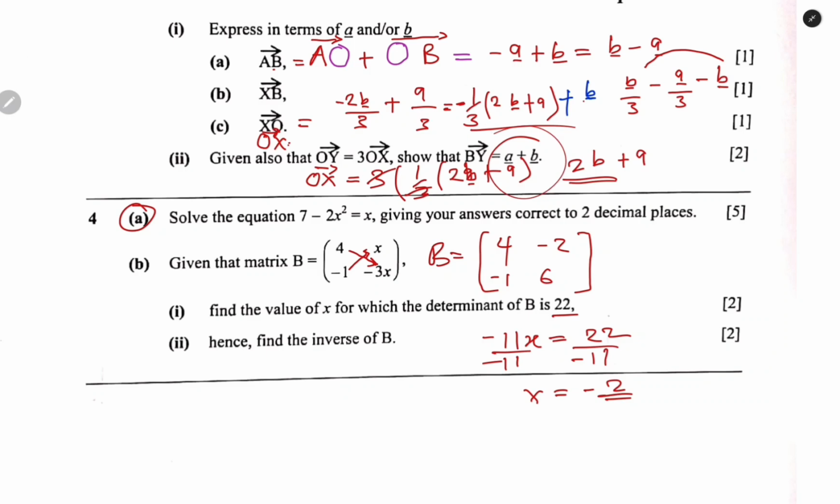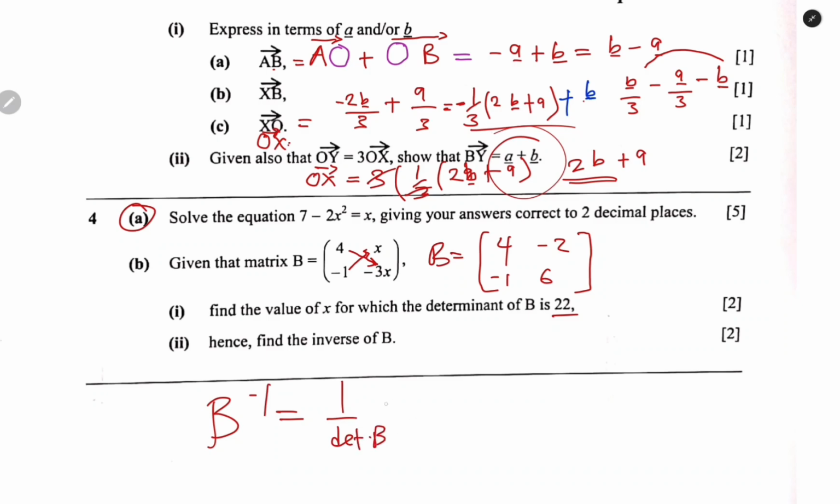Find the inverse of B. In order for us to find the inverse of B, which is B inverse, we need 1 over the determinant of B, then multiply by the adjoint of B.